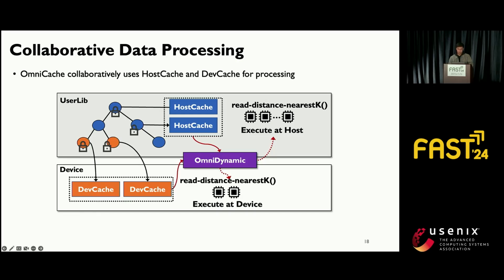And meanwhile, another thread issues read distance nearest k again, but OmniDynamic decides to execute it on the device side. So two threads are executing concurrently across host and device. At the end, they need to merge the results together to do the final prediction. Now the question here is how to dynamically determine where to process the request.